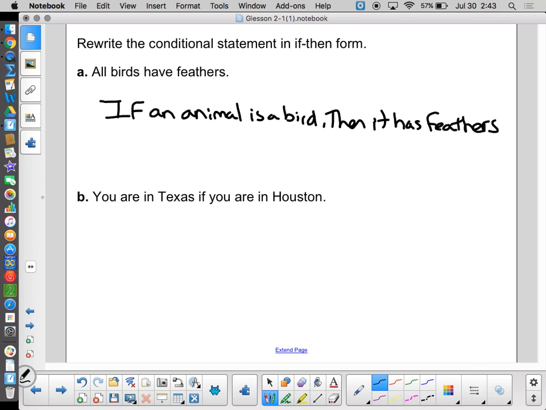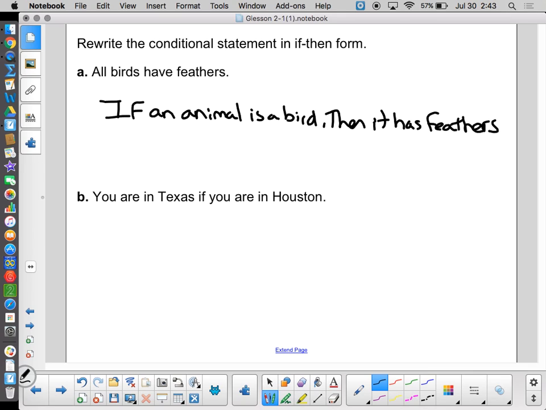Okay, pretty simple conditional statement, not too tough, and something we can do without too much difficulty, writing it in if-then. If you had written, if it is a bird, then it has feathers, that would probably be okay. From an English standpoint, we want to have an actual subject in the sentence, not just two pronouns like it and it, but we're getting the idea of the logic here, which is the big idea in this case.